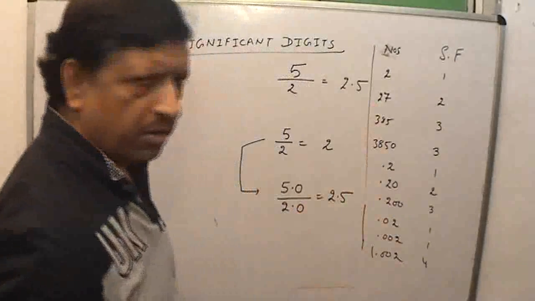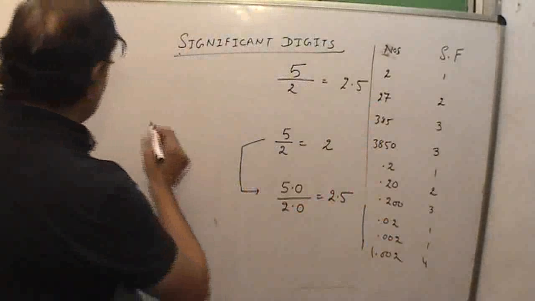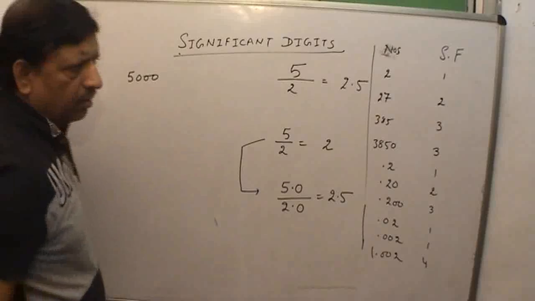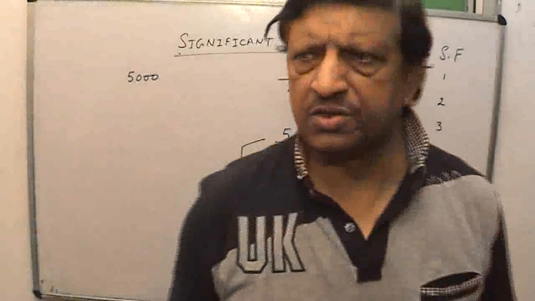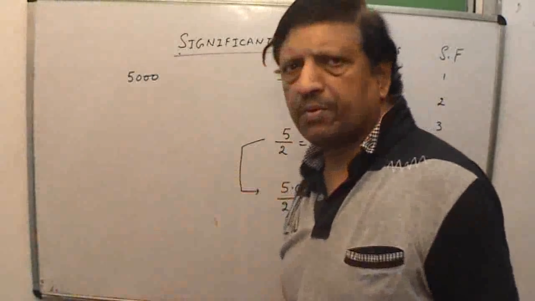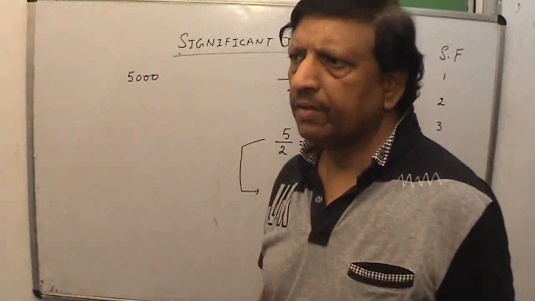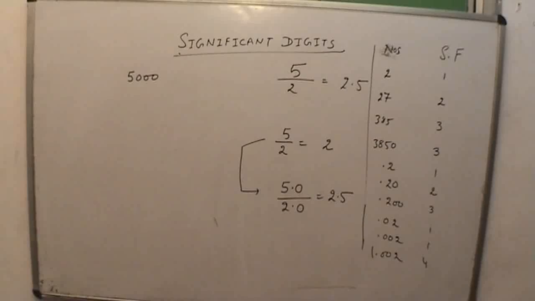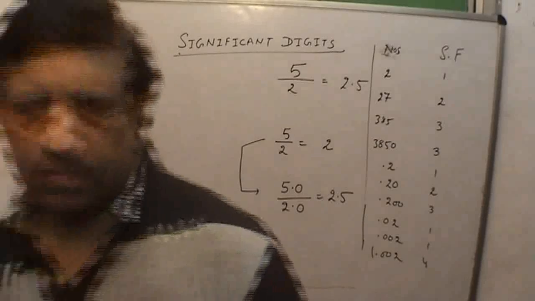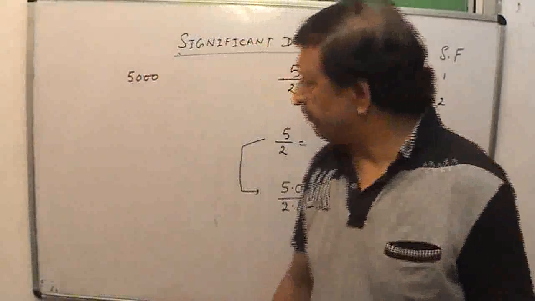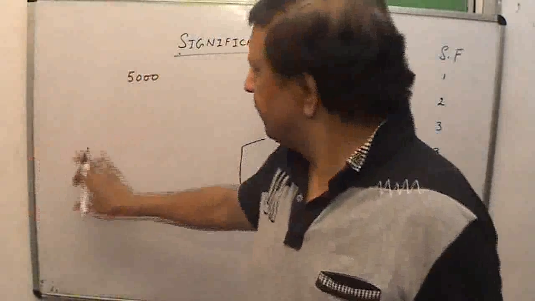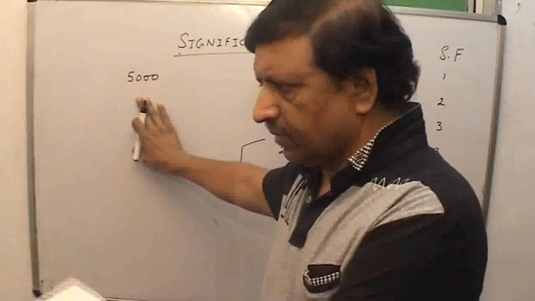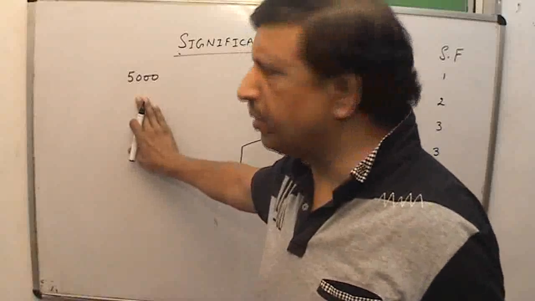Now see a particular figure, say we want to write 5,000. No, it is an ambiguous figure for the computer. It is a complexity. It is a complex figure for the computer.